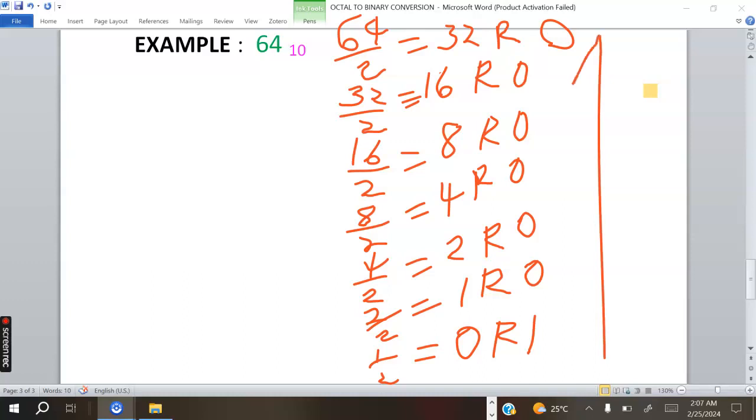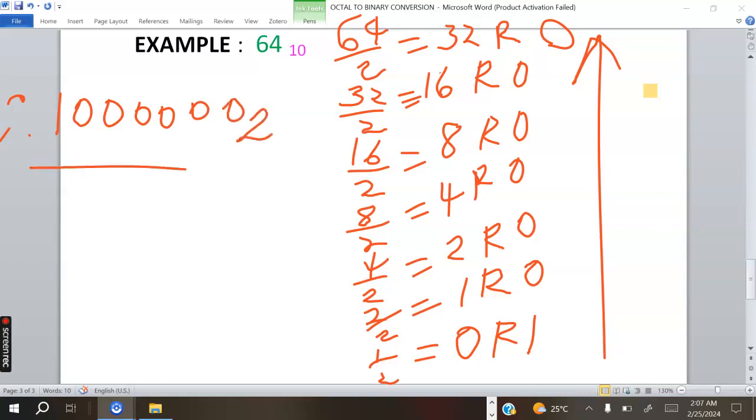Then the last step is to read the binary digits that have been generated as the remainders as your answer. Therefore, we have 1, 0, 0, 0, 0, 0, 0, base 2.